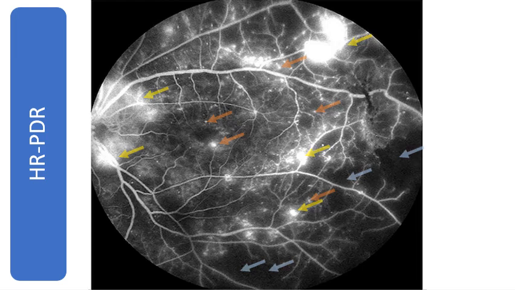In addition, we can detect that there are extensive areas of capillary dropout present in the peripheral retina, and those appear as loss of the grayish color of the peripheral capillary bed. So this case classifies as high-risk proliferative diabetic retinopathy.